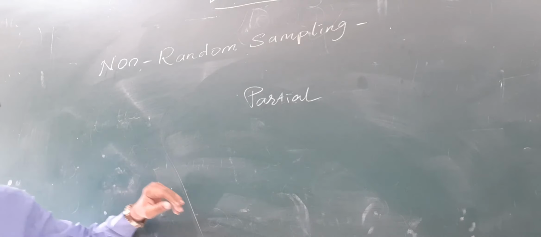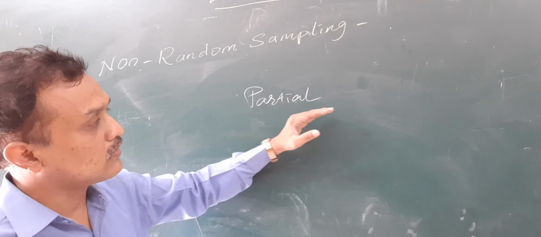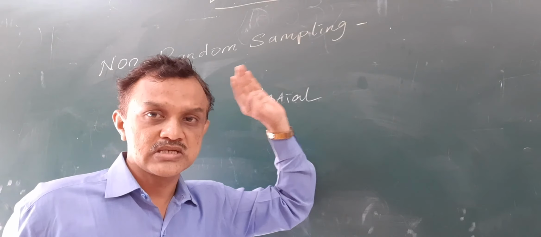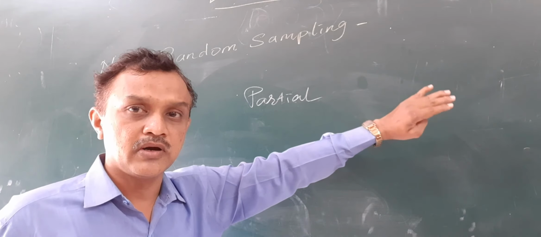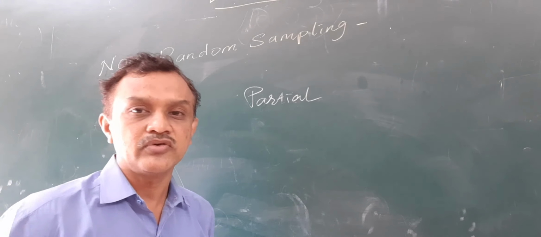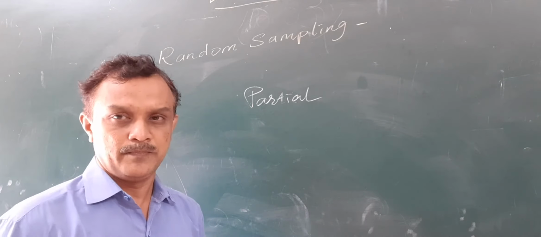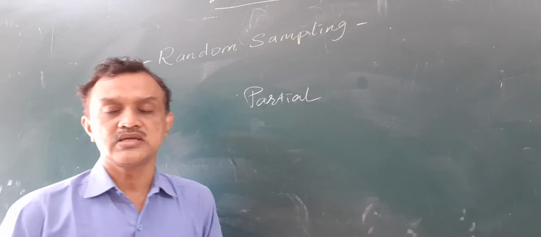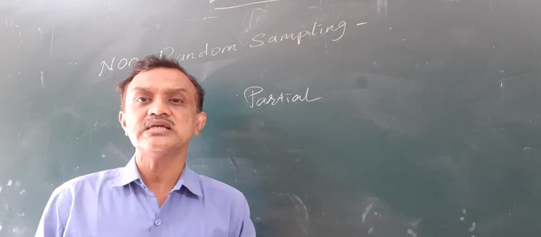Partial. And here every household does not have an equal chance. Whereas in random sampling, every household is assumed to have an equal chance of being selected to give the response. But here, every household does not have an equal chance of being selected.